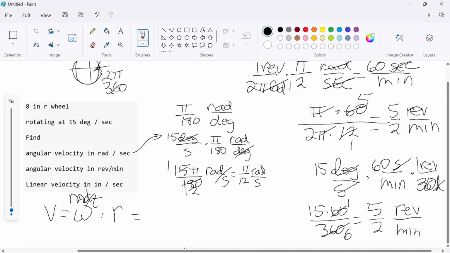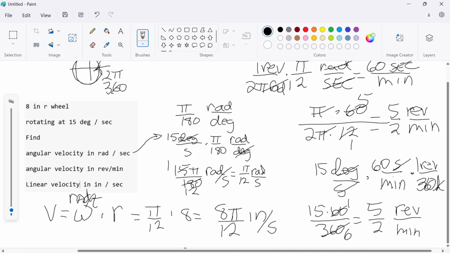So this equals the angular velocity in radians per time, pi over 12 radians per second, times the radius, which is 8. So this is 8 pi over 12 inches per second.